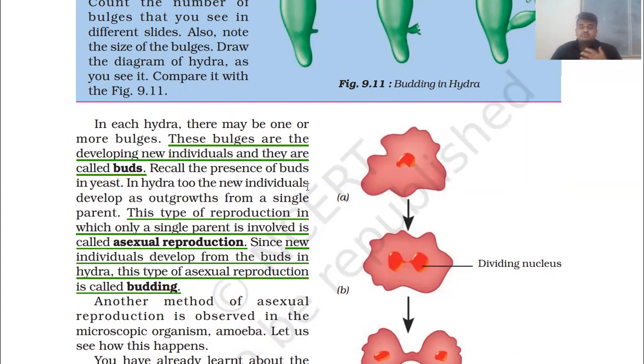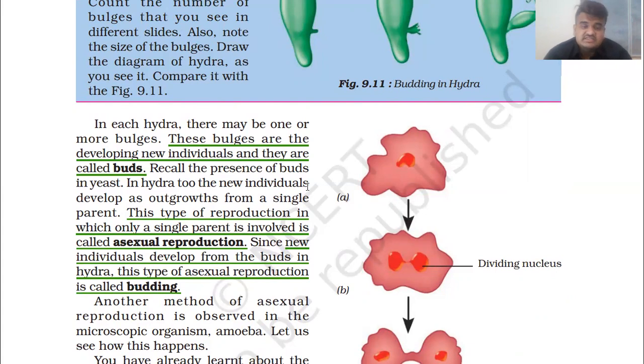In the starting of the chapter we studied that in asexual reproduction we do not use any seeds. Here you are given one more definition: this type of reproduction in which only a single parent is involved is called asexual reproduction. The new individuals develop from the buds in hydra, as in figure 9.11 in your textbook.